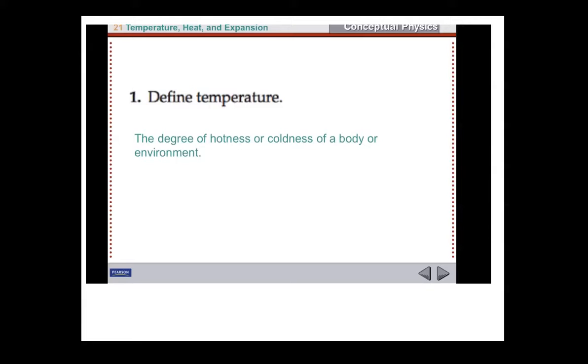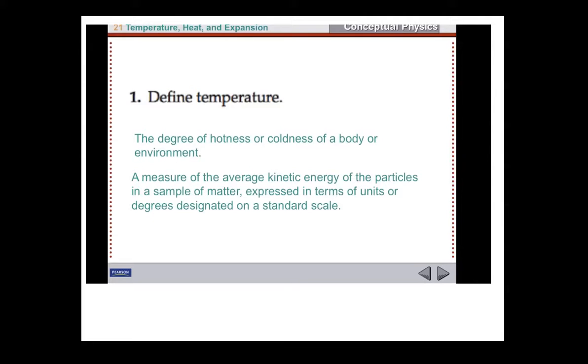Could you please remember the definition, the long definition that we did the first day, and it's right here. The definition of temperature is a measure of the average kinetic energy of the particles in a small sample of matter, expressed in terms of units or degrees, designed on a standard scale.